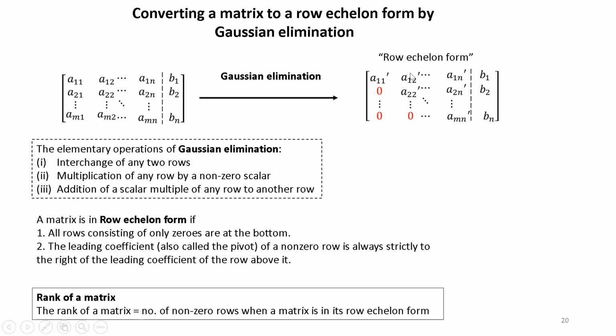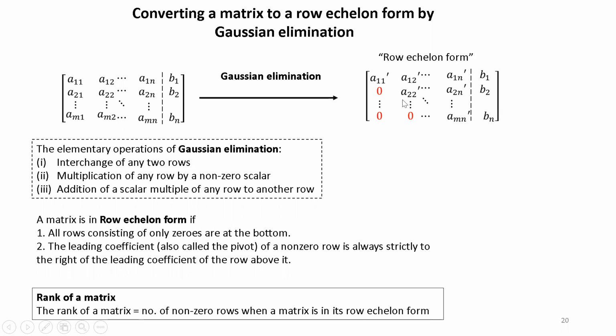One row above it here, the first leading coefficient is over here, one column to the left. So that's okay. You could imagine that for a row below this second row, the first leading coefficient will have to be at the third column, or the fourth column, or the fifth column, but it cannot come earlier than this.